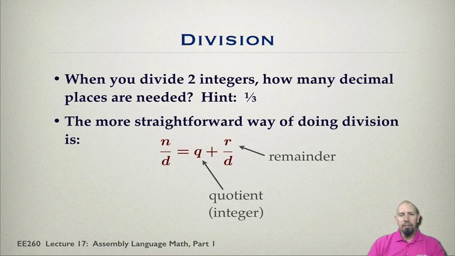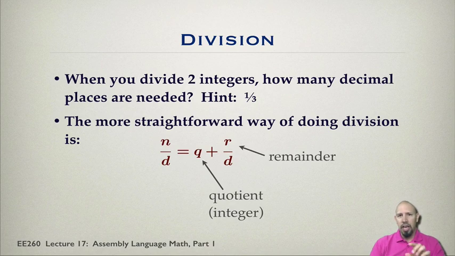Now, when you think about dividing any two integers, how many decimal places are needed to keep track of the result? Well, if you think of the number 1/3, 1/3 is 0.33333 and it goes on forever, right? It's a rational number.